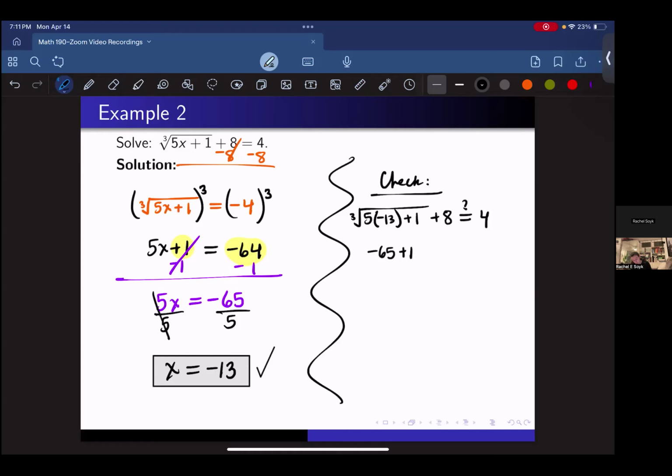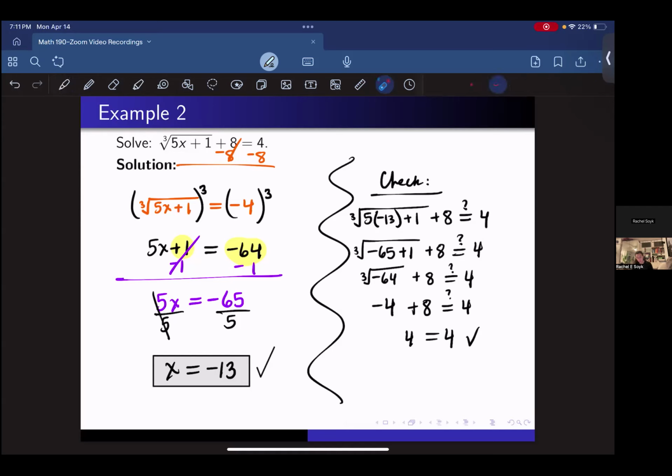And -65 plus 1 gives you -64. The cube root of -64 gives us -4. And -4 plus 8 gives us a positive 4. So what do we get? We get that the solution does work. And we're good to go.